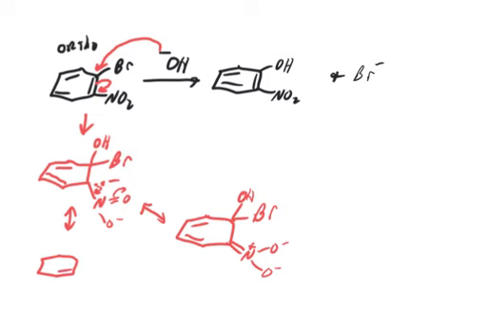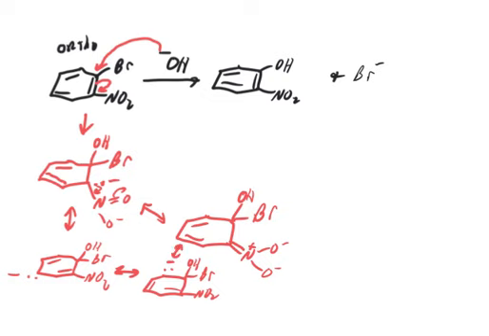So all these 1-3 relationships where the negative charge is here, as well as the other resonance structure where it's on this carbon. So all these are resonance structures that are possible. This is the important one that shows the nitro group stabilizing that.